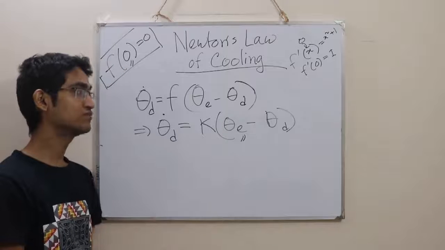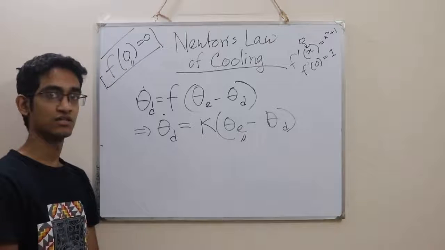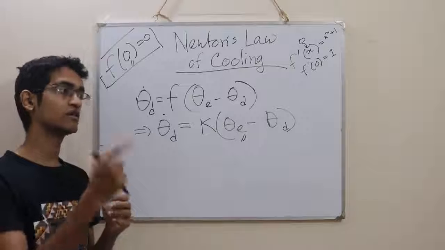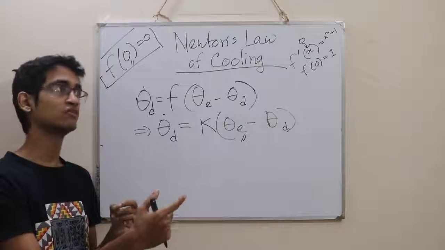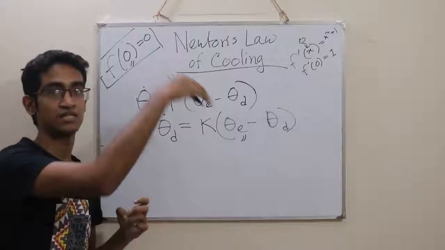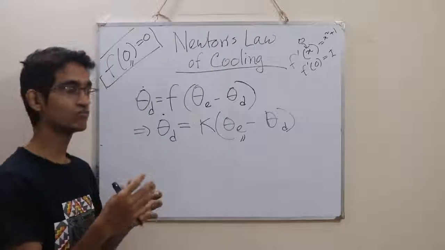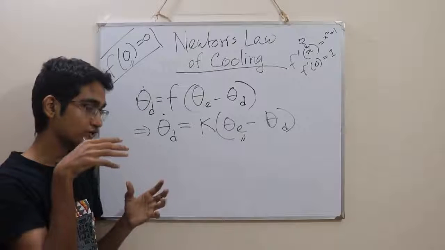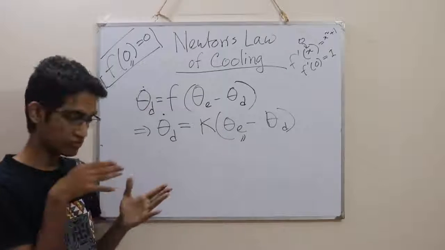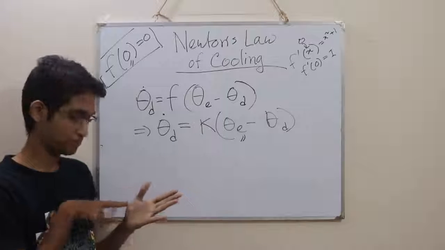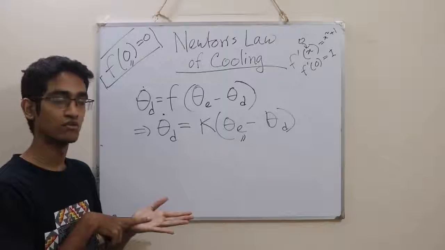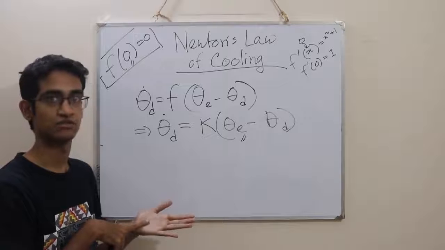Why? Because if this temperature difference is large, then subsequent terms of the Taylor expansion will make it larger and larger and larger. So the Taylor expansion won't be a converging function. It won't become asymptotic to some particular line. The Taylor expansion will be a divergent function.